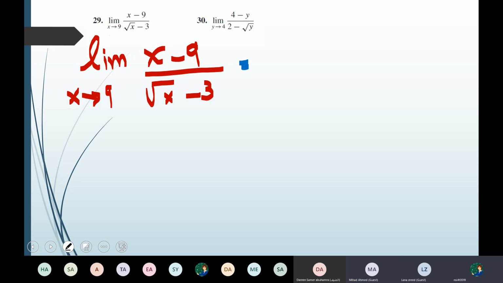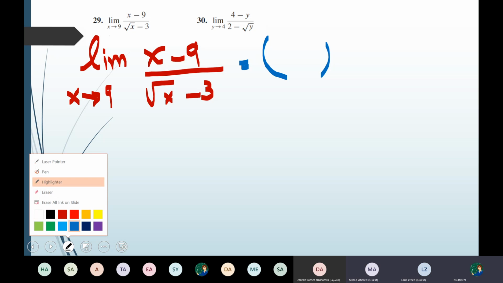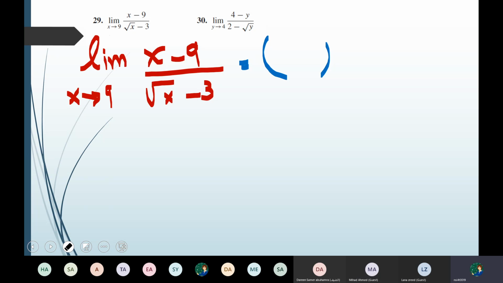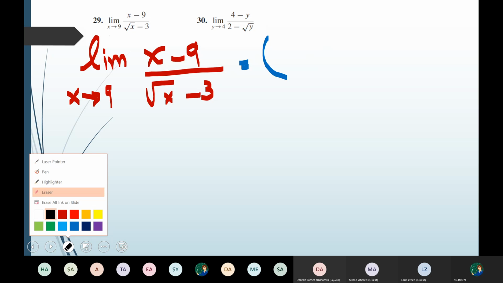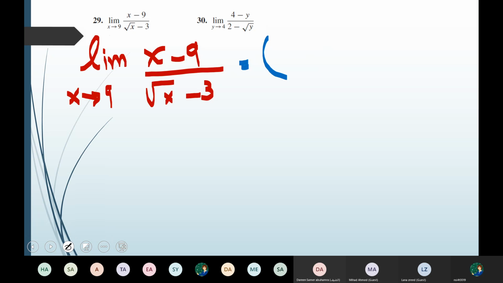How will it be? Square root of x minus 3 and square root of x plus 3. Okay, it's minus 3 and plus 3, but you say x minus 3 and x plus 3 if you have x squared.